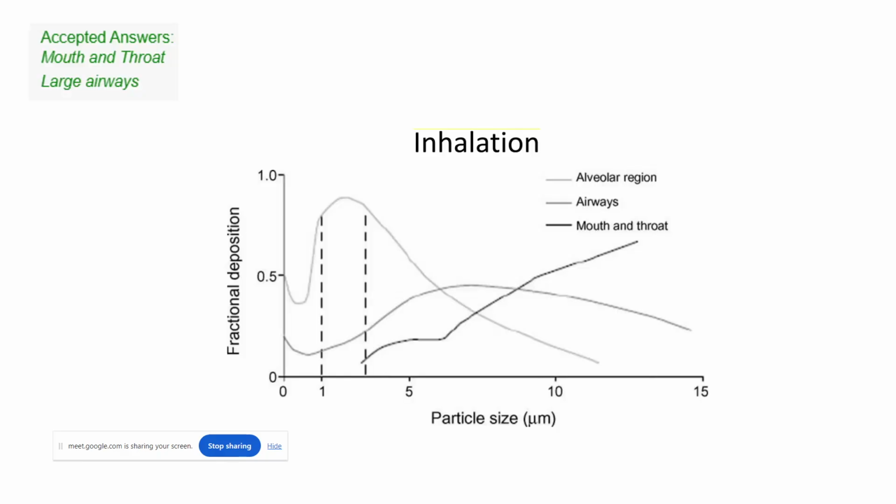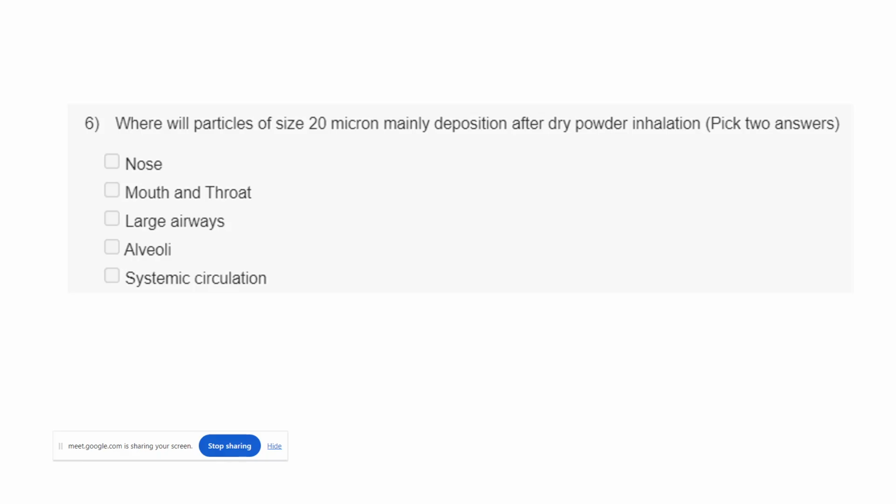Here we have a plot where the fractional deposition against the particle size is given. If you go to higher sizes, it mostly deposits in the mouth and throat, basically the larger airways. And as you go towards the smaller size, it mostly stays in the alveolar region and the inner airways. So option 2 and option 3 would be the correct answer.